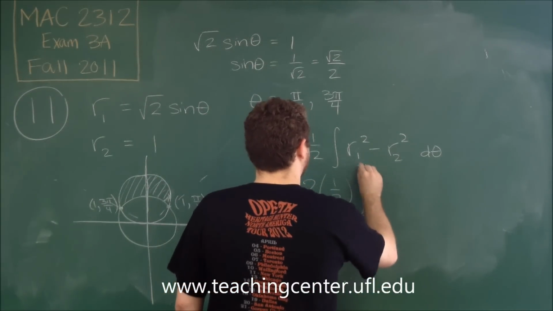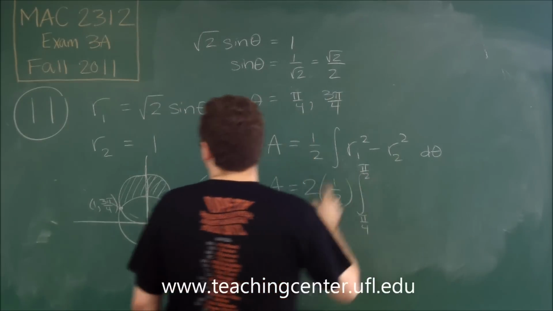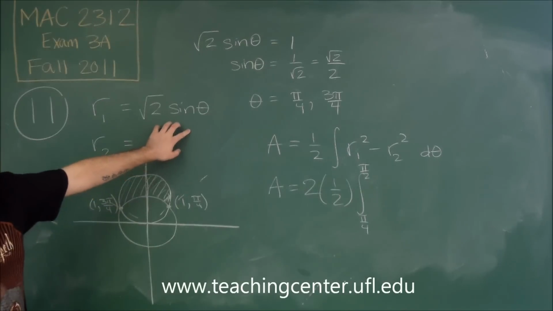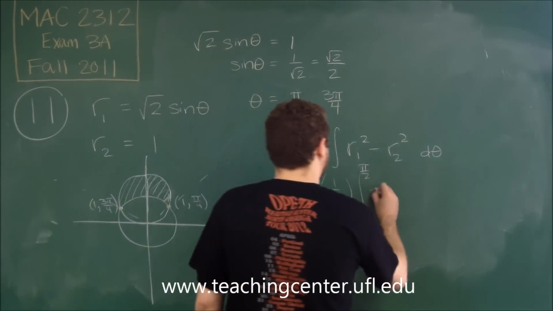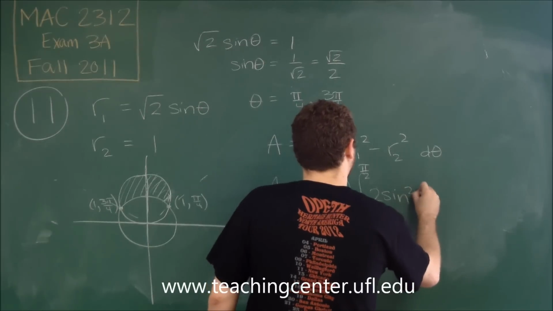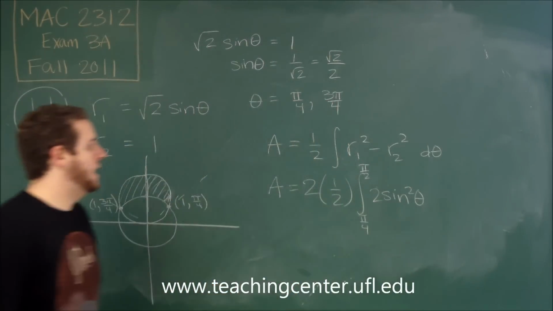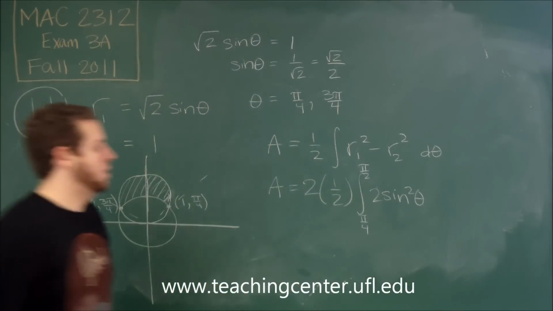And r1 squared, well, we just take this and square it. If you square root 2 sine theta, you would get 2 sine squared theta. And r2 squared is just 1.